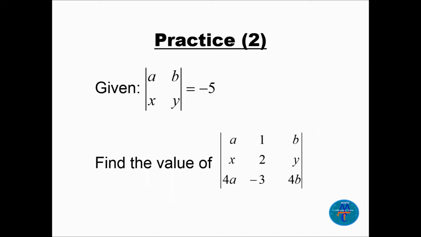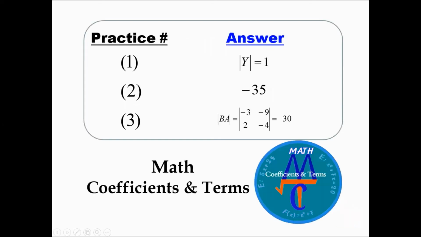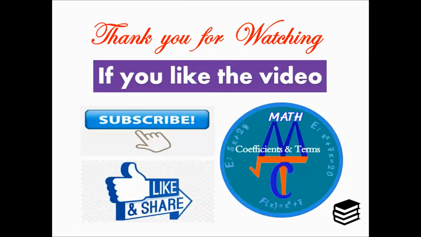Practice number 2, I gave you the determinant of 2 by 2, and I need the determinant of 3 by 3. And practice number 3, given matrices A and B, find the determinant of the product BA. The answers you can find in this last slide.